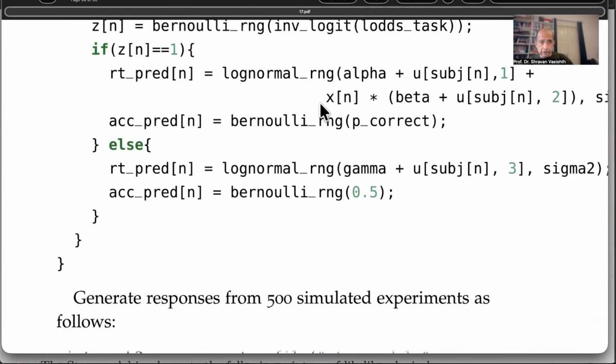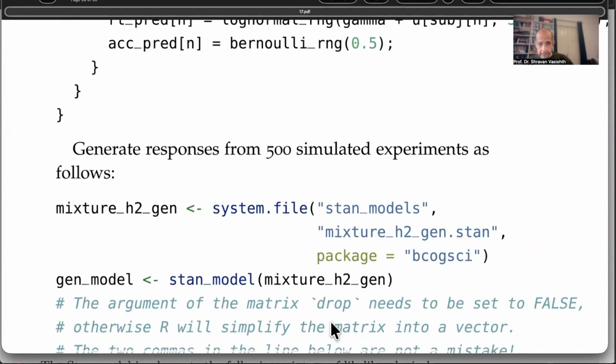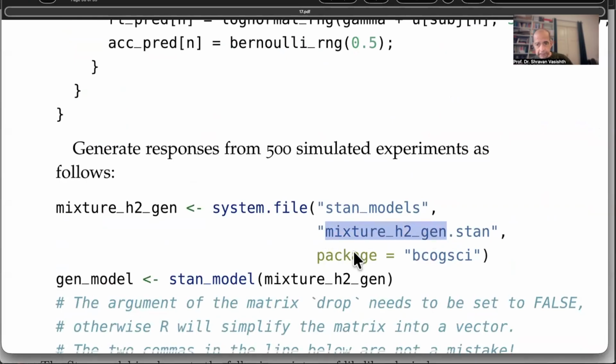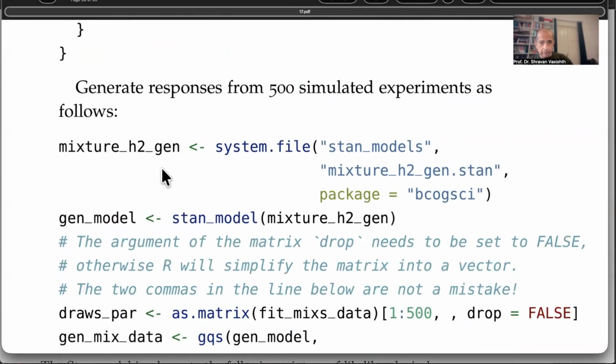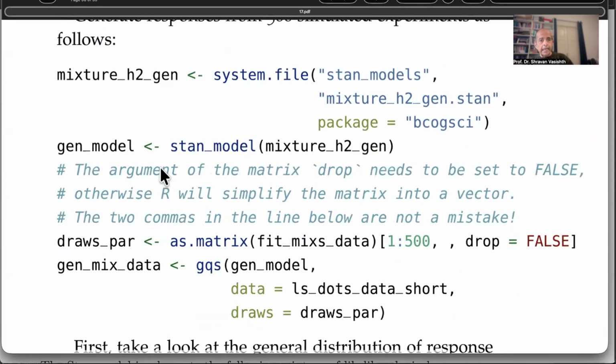The code here is saved in the bcog package as mixture h2gen, and then you save that model as a character string, and then you take the fitted model and pass it through the Stan model function and save the result of that here in gen model, right?